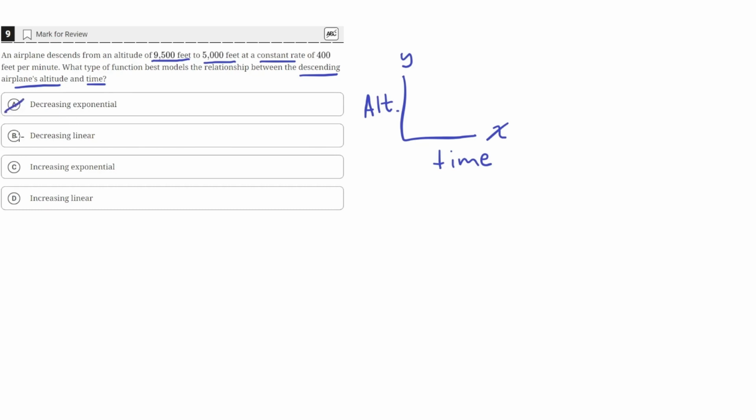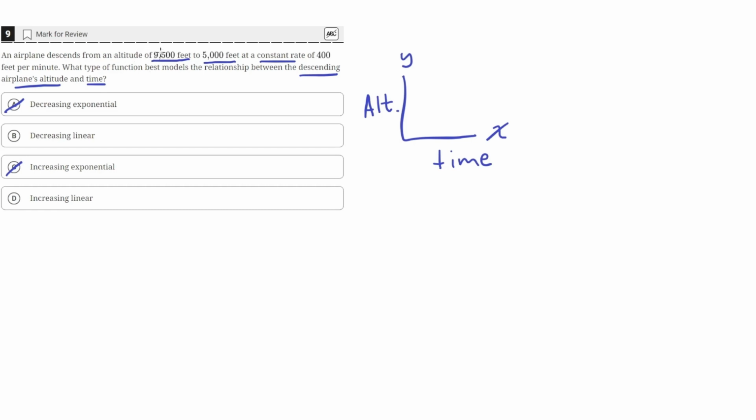Since it's a constant rate of descending, we can conclude that the function has to be a linear function. So we can eliminate these exponential functions right here. Now we're left between a decreasing linear and an increasing linear. Now the question said that the function is descending because the altitude is descending with respect to time, which means that the altitude is going down.